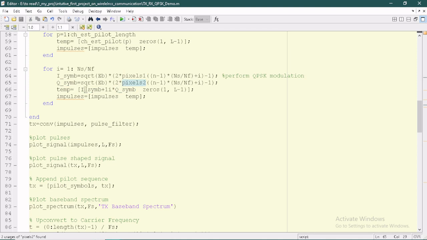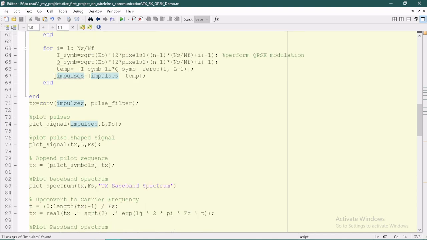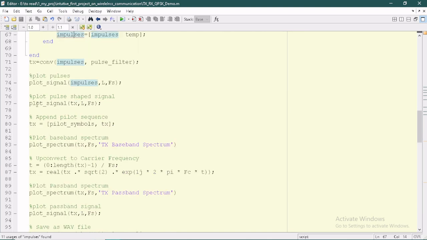We convert them to complex numbers and we append them to this vector with the symbol duration, and finally we add them to these impulses. And we do this for all the number of frames, and in the end we convolve them with the pulse shaping filter to get the pulse shaped signal.